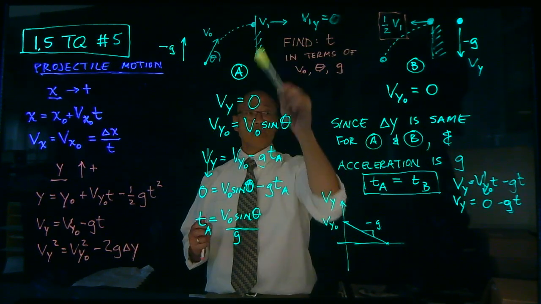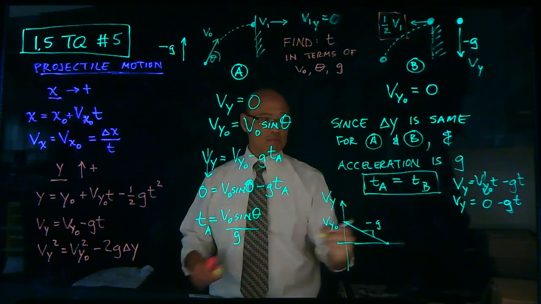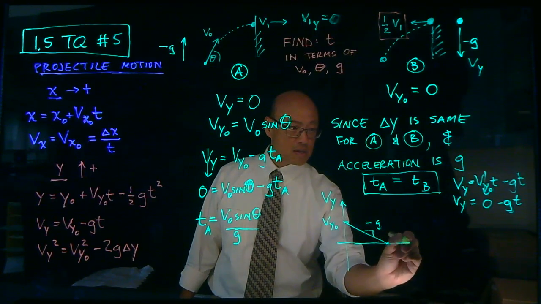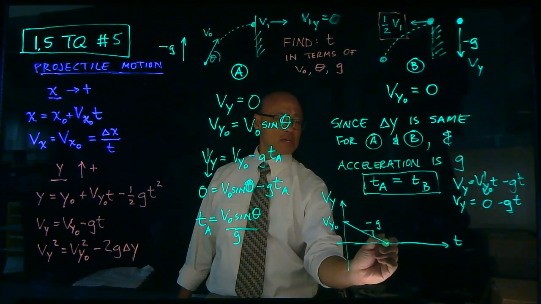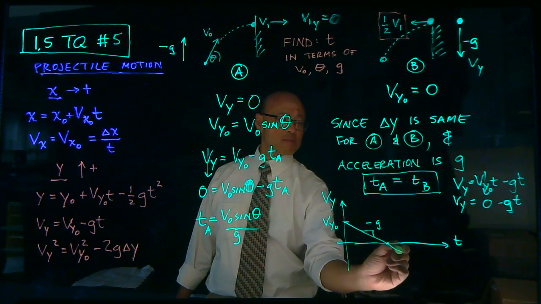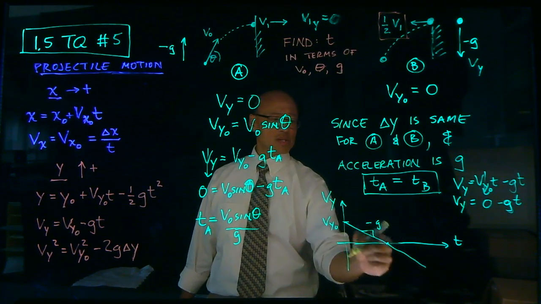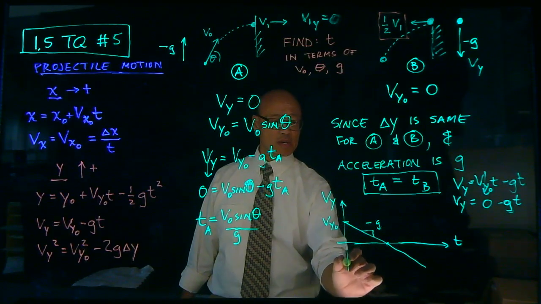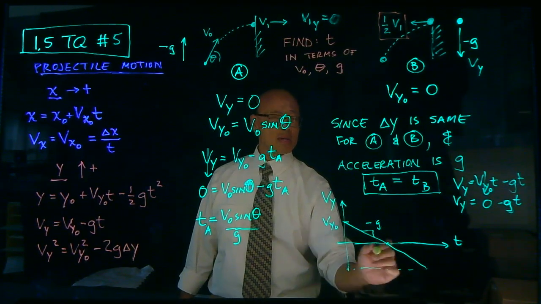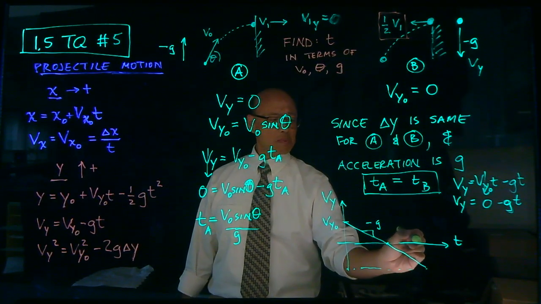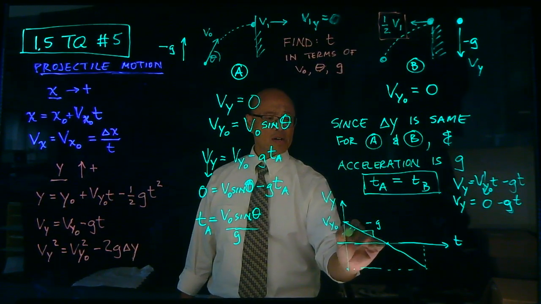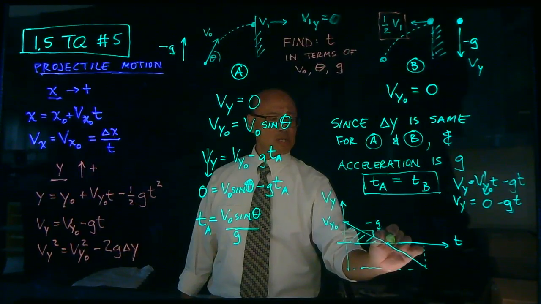So when it hits the wall, it's really right here where it hit the wall. There's a time. And I'm going to accelerate minus g. So the slope of this graph is the same. Well, didn't I fall the same amount? If I fall the same amount, then this area has to be the same as this area.